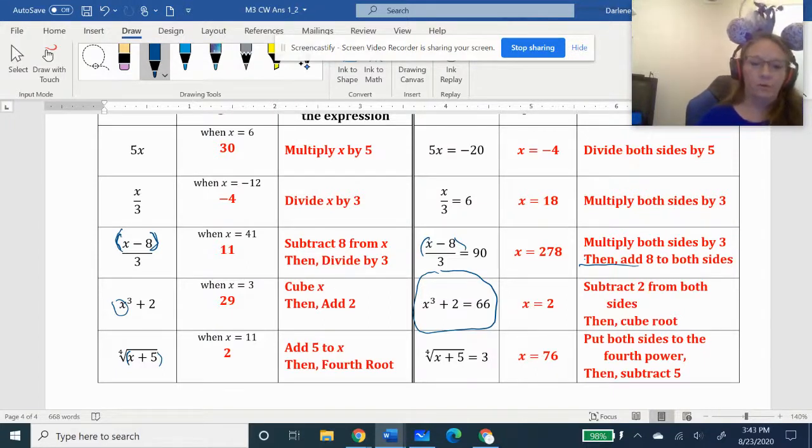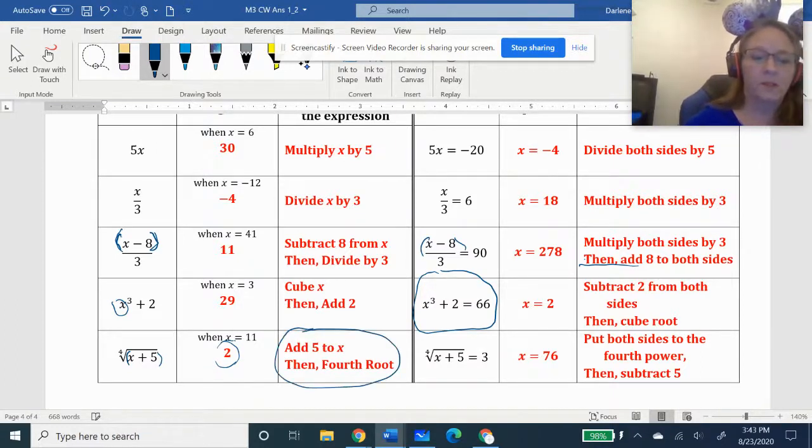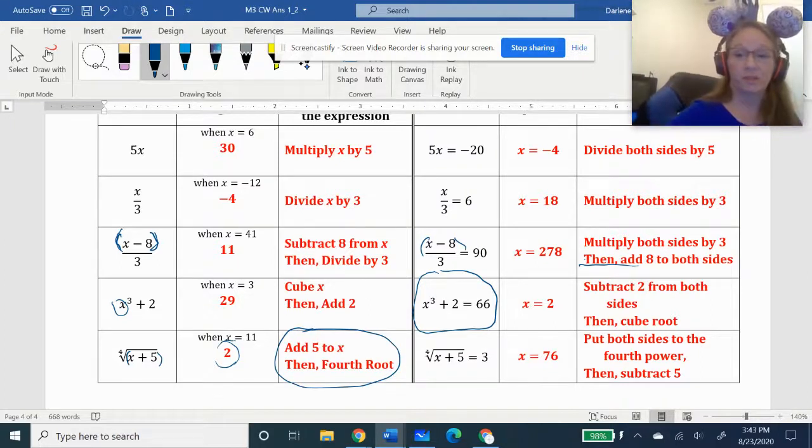So if you were to plug a number in to the x, you first do the strongest thing, the parentheses. Add the 2, become 11 plus 5 will give you 16. Then do the fourth root. Fourth root of 16 is what multiplies 4 times to make 16, 2.